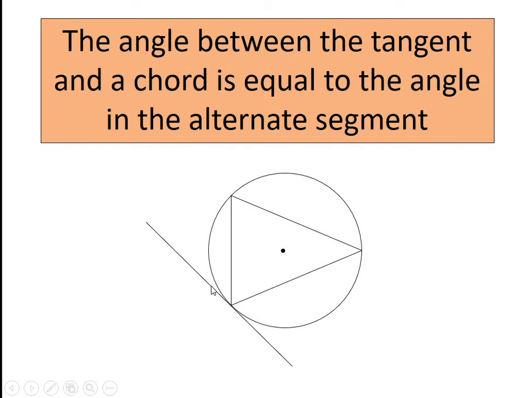So here is the tangent and here is the chord. There's an angle there, that's the same as that one there, and this is the one I was just pointing to. The angle between the tangent and the chord is equal to the angle in the alternate segment. So this is a segment, and this is the alternate segment, and that bit is going to be equal.